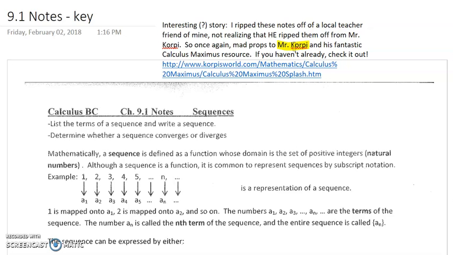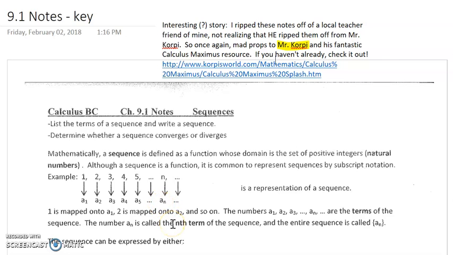So instead of a continuous function, we tend to be talking about these discrete values, just a list of numbers in a particular order. So for example, the first term can be called a sub 1, and the second term can be called a sub 2, and the third term can be called a sub 3, where the subscript is the input, is the n value. So the nth term is going to be called a sub n.